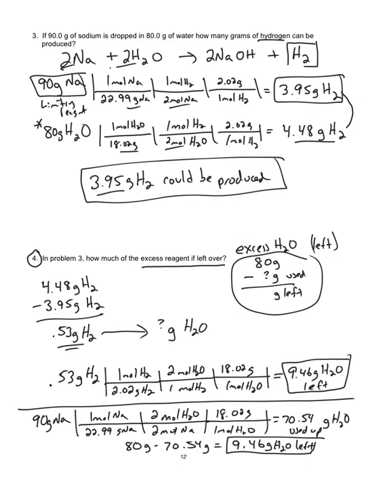Or, take the limiting reactant and figure out how much of the excess reactant it consumes, and then subtract to get the final answer. In both cases, you'll notice that you do a subtraction followed by a mass-to-mass problem. It just depends on what order you want to do it. So here are two different ways of doing it. Pick the way that makes sense to you the best, and that is how you can calculate the amount of excess reagent that is left over.